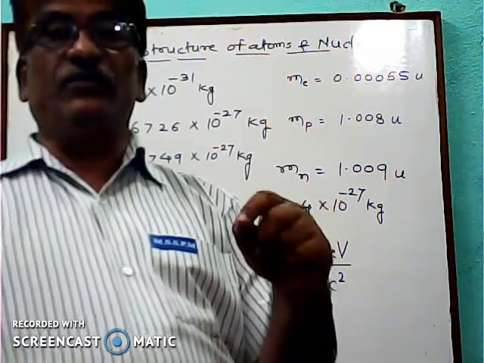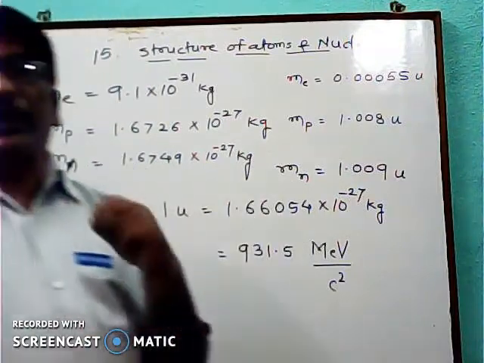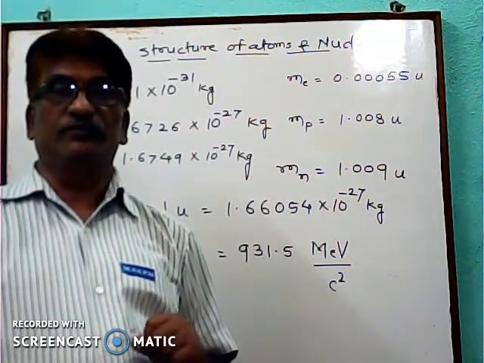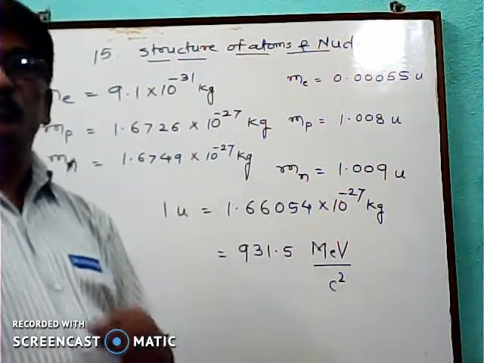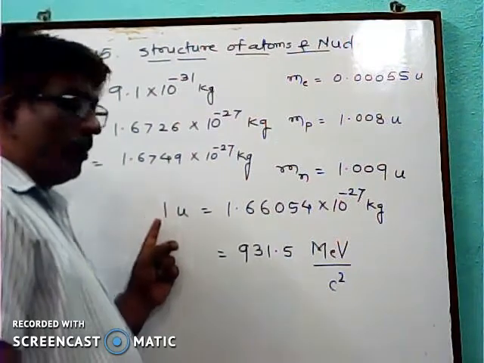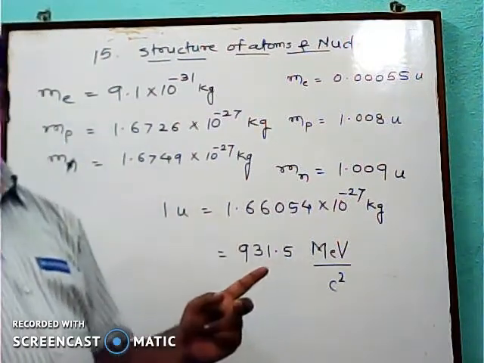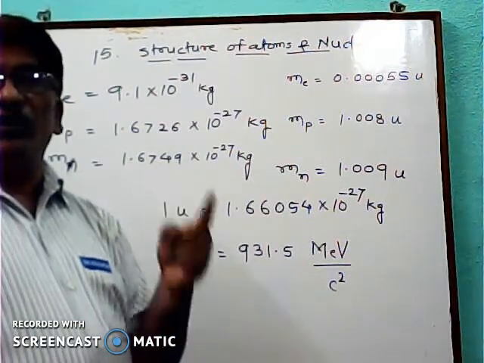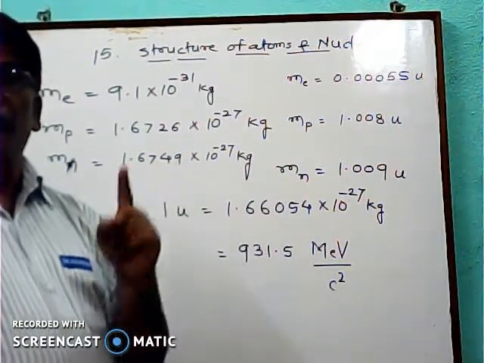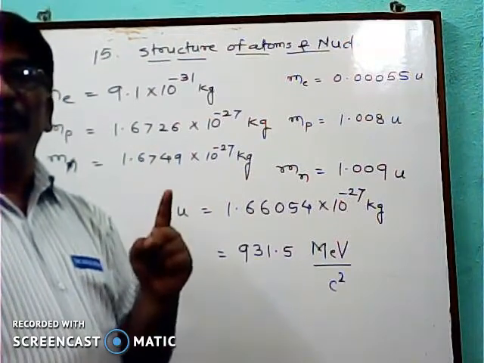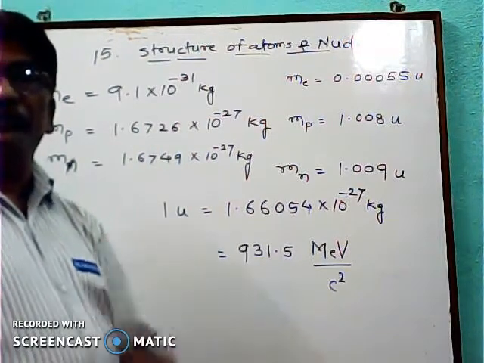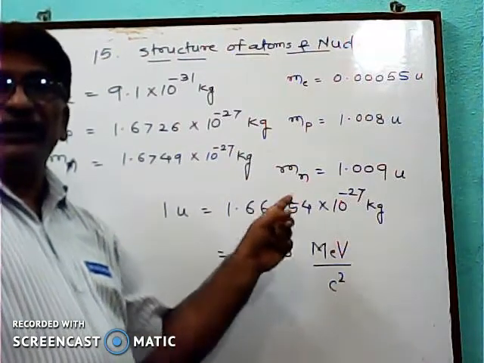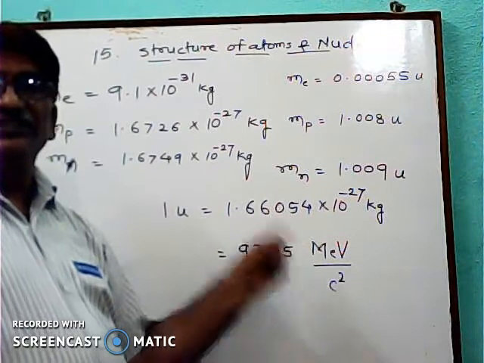This value is given in various books. These books show that for 1 unit mass, the mass of an atom or subatomic particle in the form of energy will be 931.5 mega electron volt per c square.